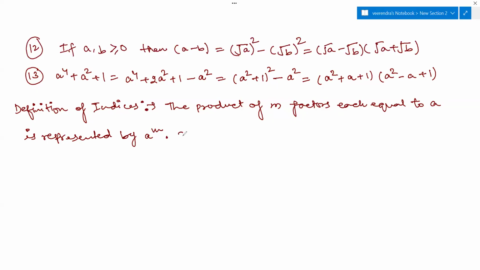So what does that mean is, a power m is nothing but a into a into a, like how many times? M times.